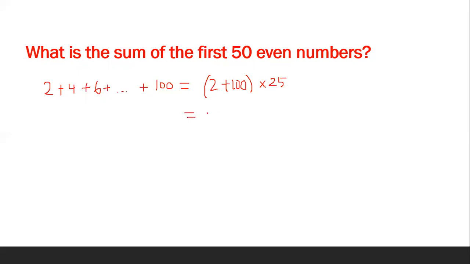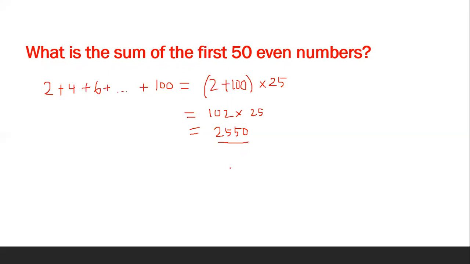So it's equal to 102 times 25. And that is equal to 2,550. So this is the sum of the first 50 even numbers.